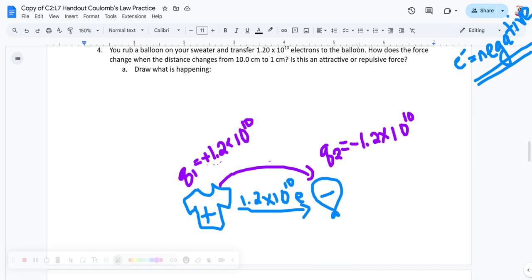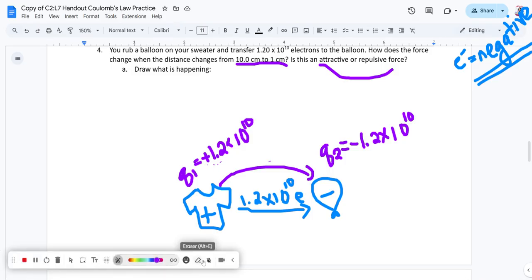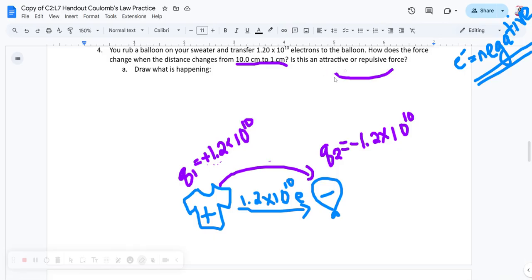So the thing that this question's asking though, right, now that we've actually gotten to here, it's a 2-part question. One, it's asking about how does the force change when the distance changes from 10 to 1, that's important, and is it attractive or repulsive? So if we recall, identifying if it's attractive or repulsive, we got this, right? That line got real big, so I'm gonna fix it.